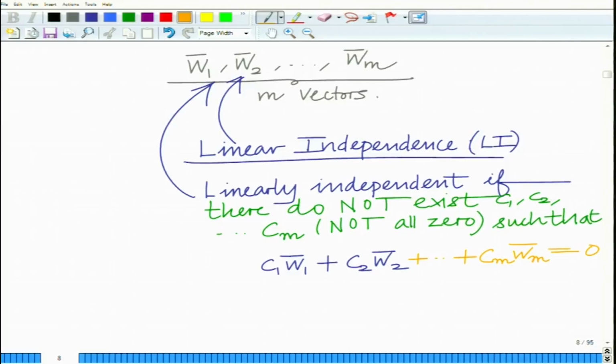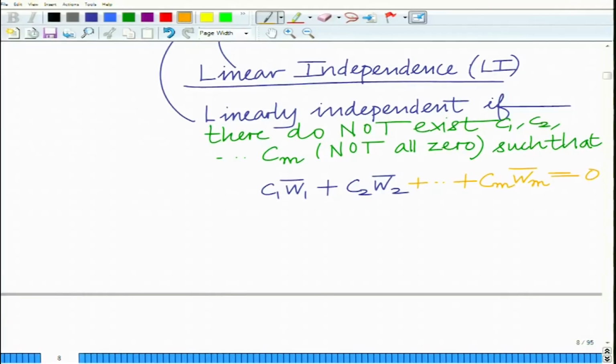That is, there cannot be a set of constants C1, C2, Cm such that C1 W bar 1 plus C2 W bar 2 so on so forth up to Cm W bar m equals 0.